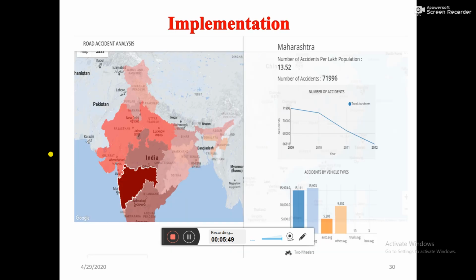This is the implementation of our project with a precise output. As we can see over here, the state of Maharashtra has been highlighted, so that on the right-hand side the number of accidents is shown. There is a line graph which shows how many accidents took place from 2009 to 2012, and the middle figure comprises a bar chart which shows which type of vehicle caused the accident and what the fatality rate was.